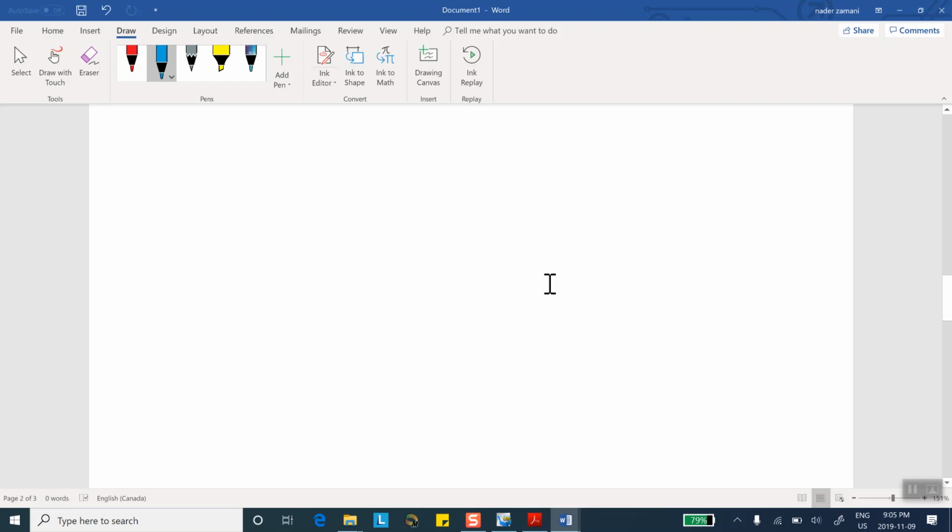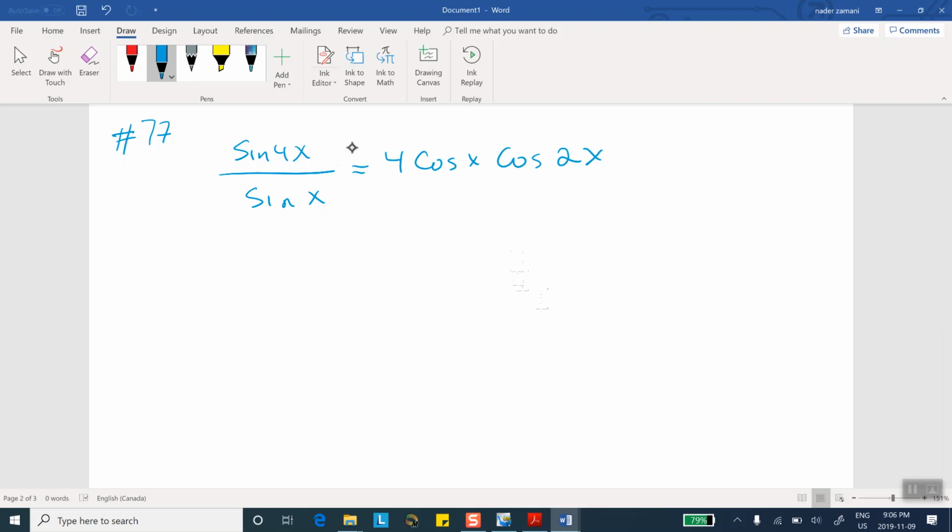Let me do number 77. It says show that or prove that sine of 4x over sine of x is equal to 4 cos x cos 2x. So once again, let us work on these. Well, let me start with the left-hand side. I may have to come and play with the right-hand side to put it in that form. So let's see now.